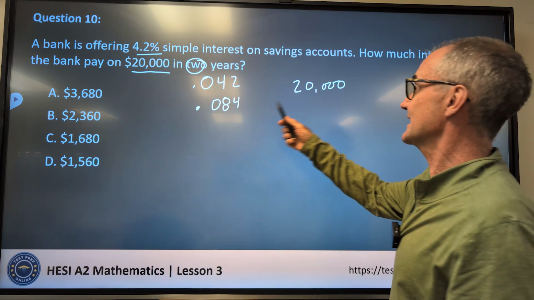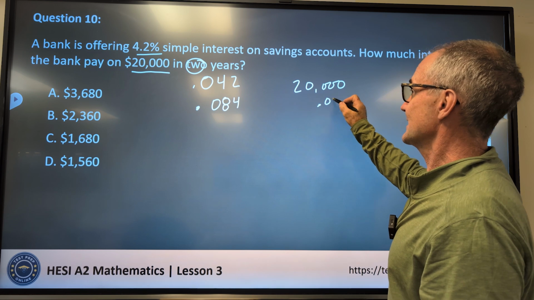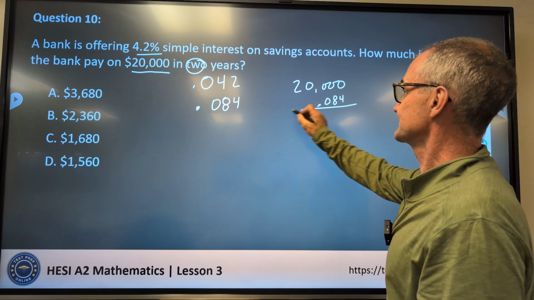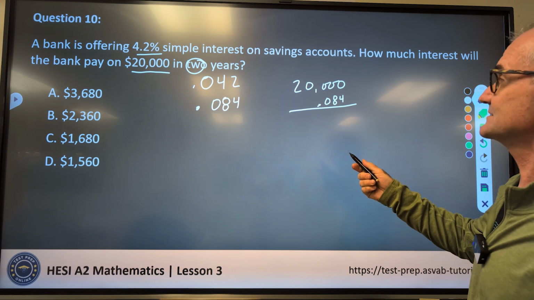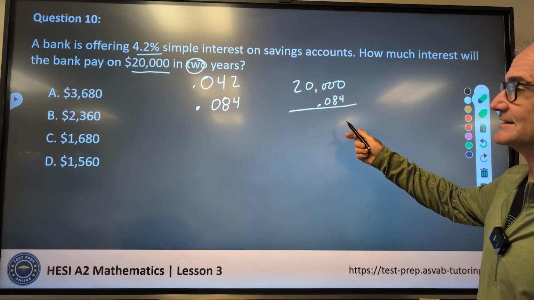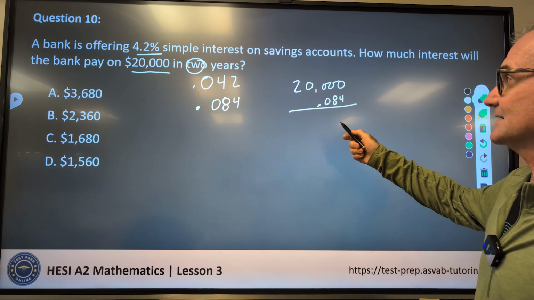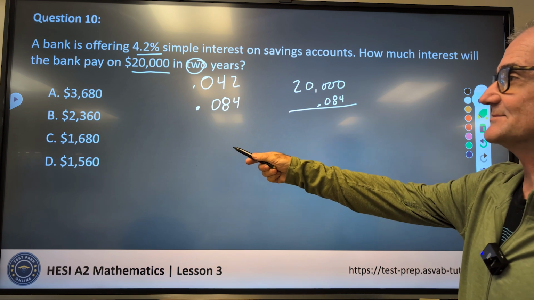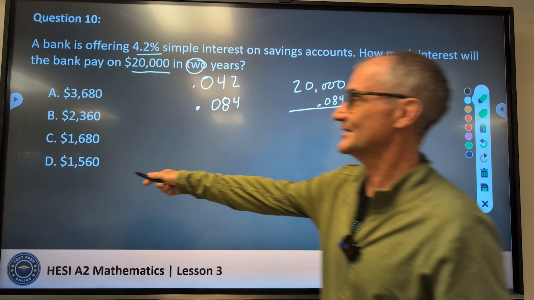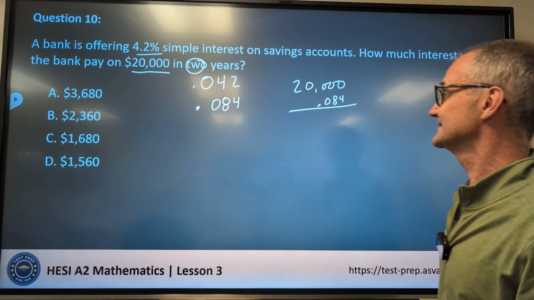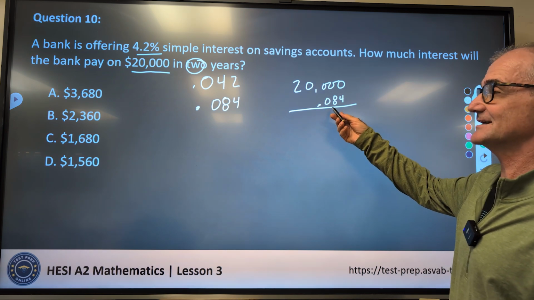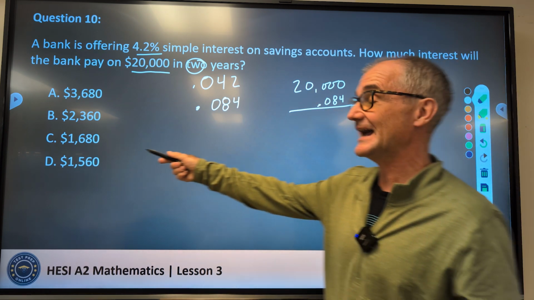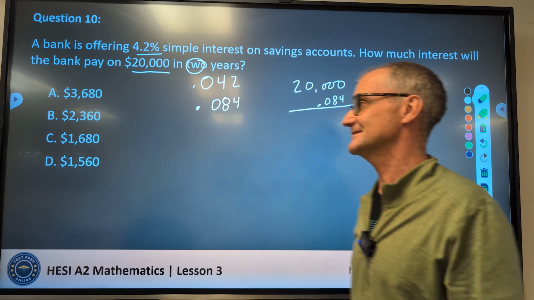Then I'm going to take that and multiply it by the amount, my principal. And it's asking me how much interest it is going to pay. So just multiply this out. I might be able to approximate it right here, but these are all pretty close to 2,000. And I know 10% is going to be 2,000. It is a little bit less than 10%. So if I had to guess, I'd guess between these two.